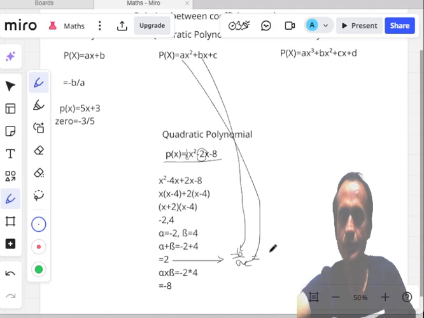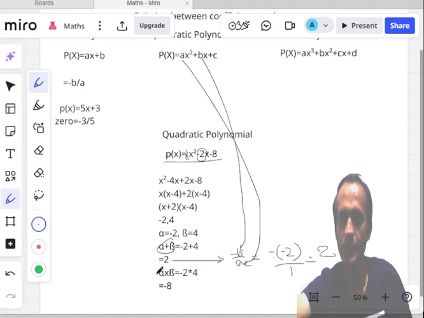So this is equal to minus of minus 2, divided by 1, which is equal to 2. So the sum of the zeros is equal to minus b by a, that is, coefficient of x divided by coefficient of x square. Now let us find out what relation there is in multiplication.